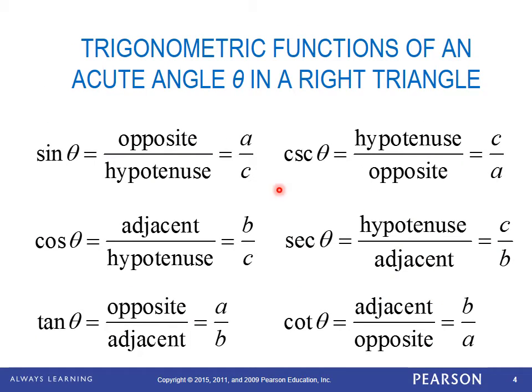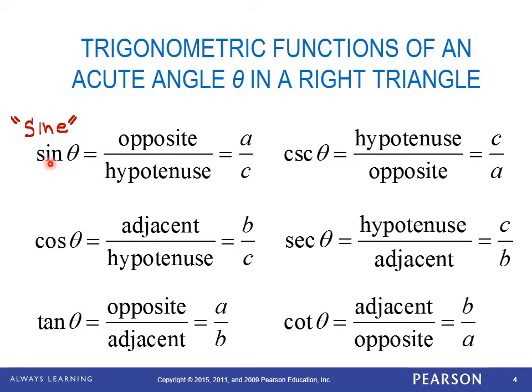Over the years, these have become called different names. Of course, it was not always named the same; it took a few years to go through this process. Right now, this first one is technically called sine, S-I-N-E.